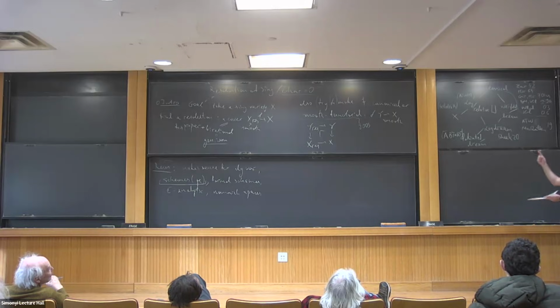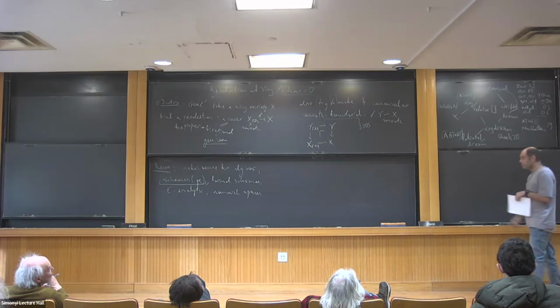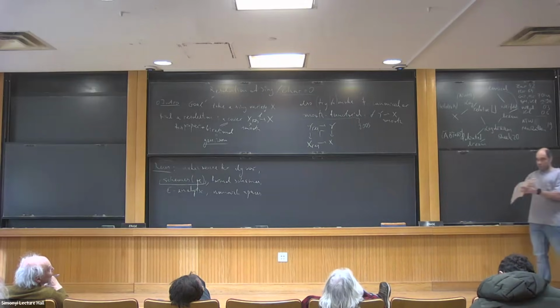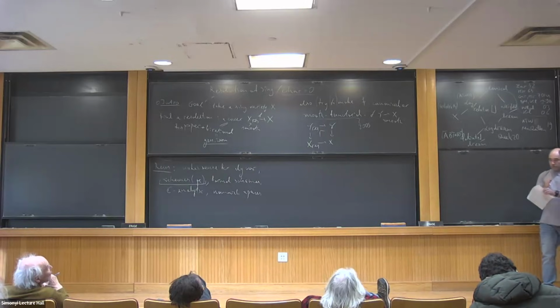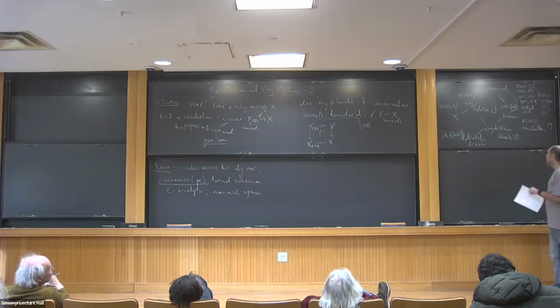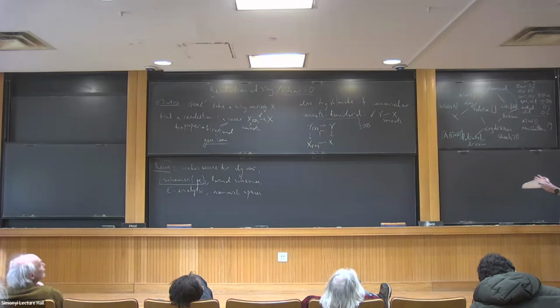And only in '17, with Abramovich and Wlodarczyk, we discovered a really new method, which works with logarithmic varieties. And in the end, it also resolves morphisms. So it gives you semi-stable reduction or something in families. It was sort of a new method with new tools.